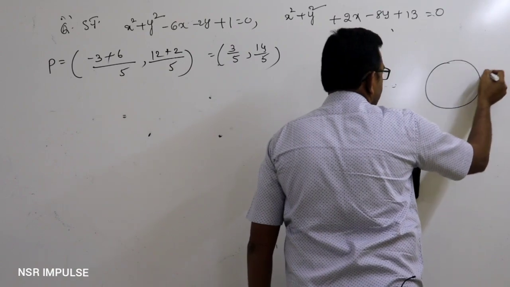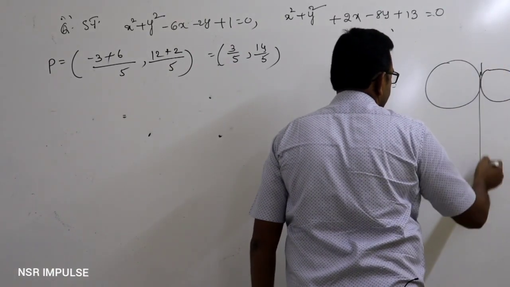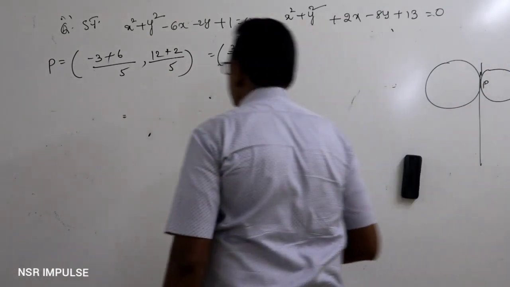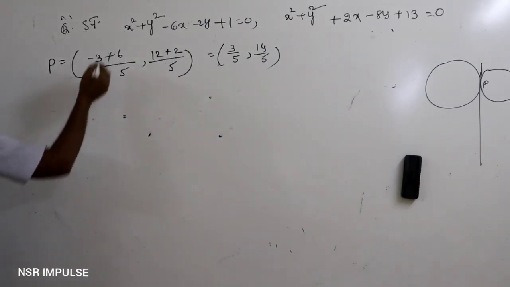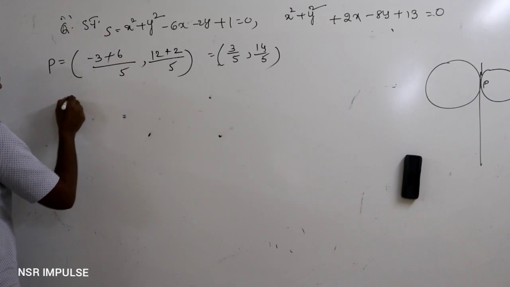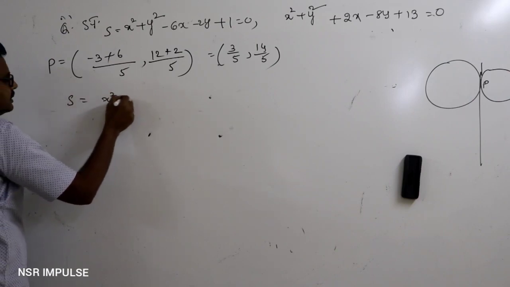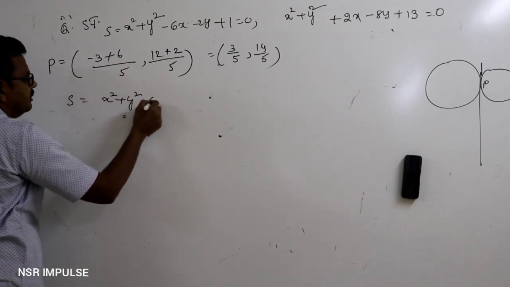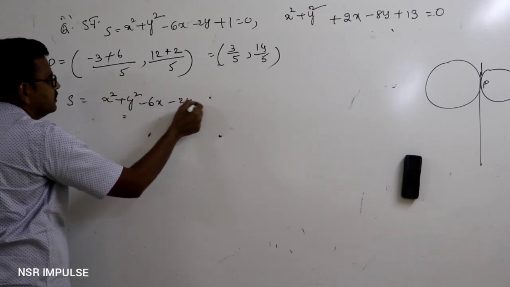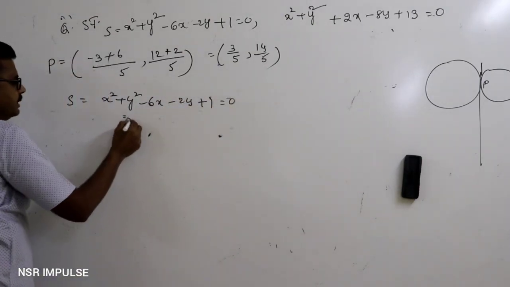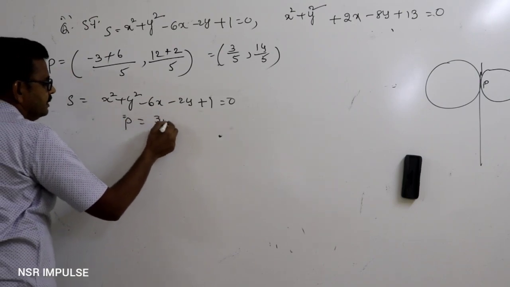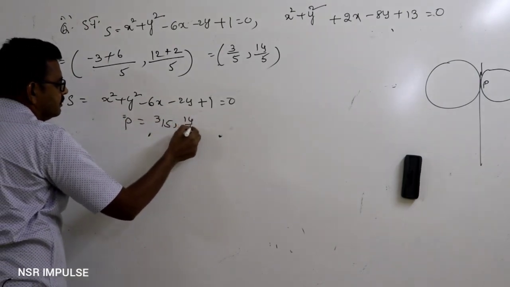Now at that point I have to find the common tangent. You can take any one circle. I am taking the circle S equal to 0. S is x square plus y square minus 6x minus 2y plus 1 equal to 0. Now the point is (3 by 5, 14 by 5).